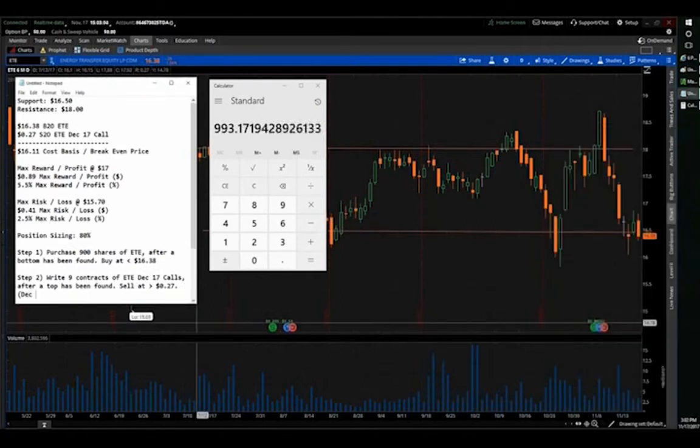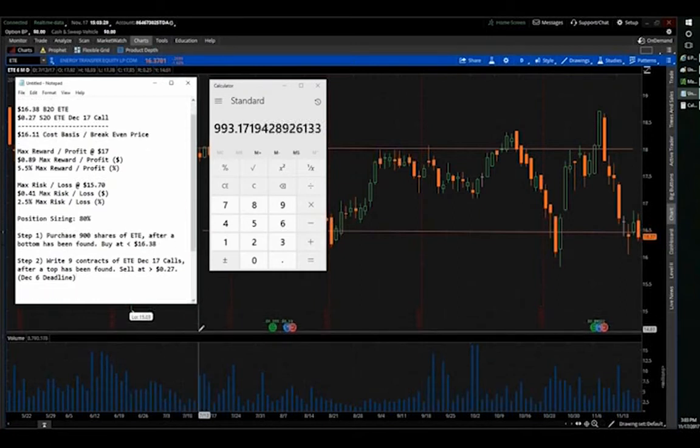So let's put in parentheses here, December 6th deadline. By December 6th, because the premium will start really decaying more quickly, we have to make a decision whether we found a top or not, whether to sell the premium or whether to let our long position run. And that could be a whole call all by itself. So I'm not going to touch that right now.